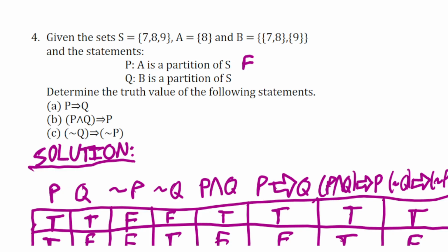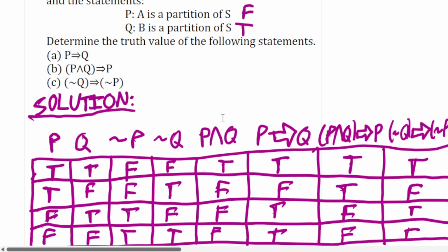Sorry, that may not have been the best way to word it, but you can go back to section 1 notes and figure out what a partition is. You remember the partition pie example where the pie was cut into pieces and all the elements were inside each little piece, but that's basically what a partition is. So A is not a partition of S, which makes P false, but B does match this definition. It is a partition of S, which makes it true.